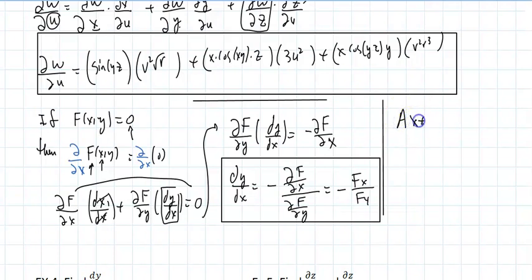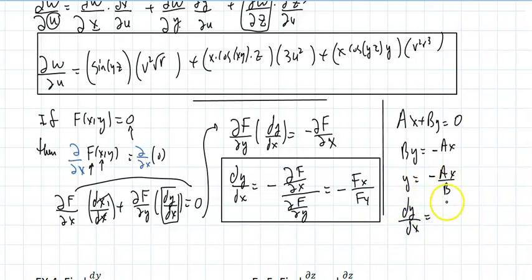If I have ax plus by equals 0, and if I solve for y, wouldn't you say by equals negative ax, and y will equal negative ax over b? And if I take a derivative with respect to x, wouldn't that be negative a over b? Do you see how they switched?